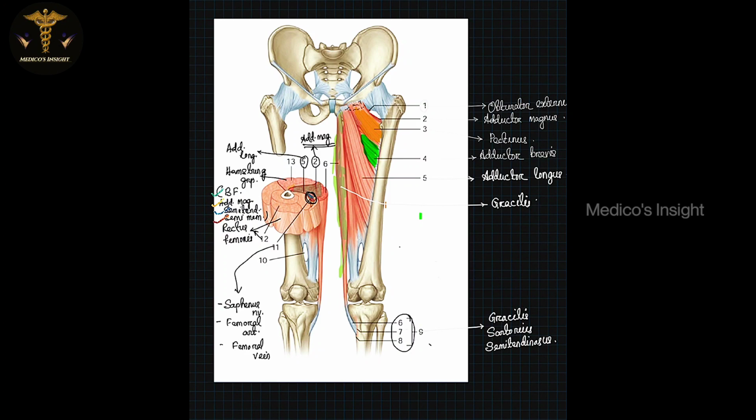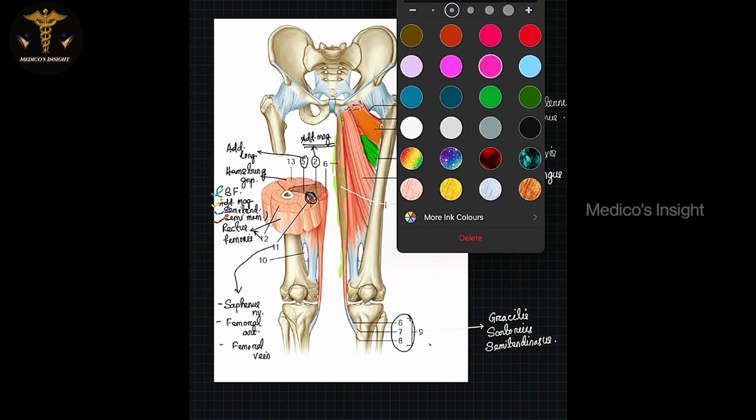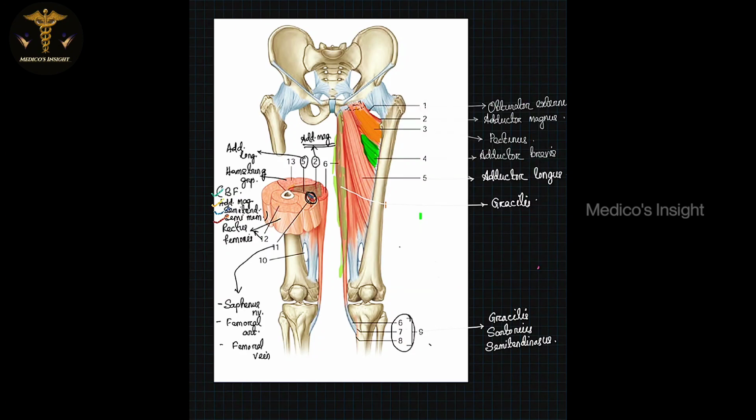And if we clearly mention the nerve supply, the obturator externus muscle is supplied by the obturator nerve and functions as a lateral rotator of thigh.